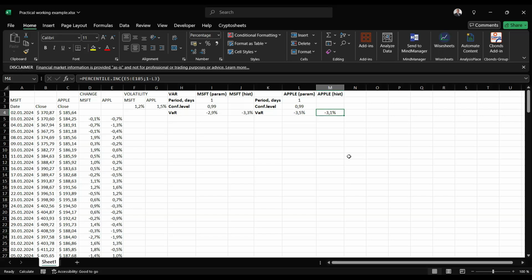And here for Apple, in opposite to Microsoft, the parametric value at risk overestimates the maximal loss for the Apple position compared to the value at risk for the historical simulation.